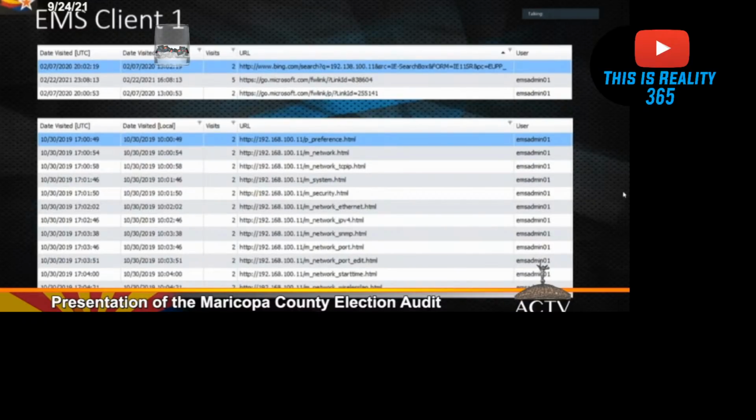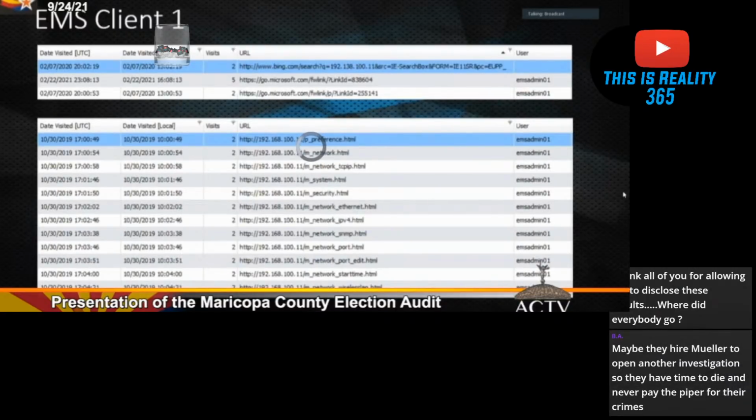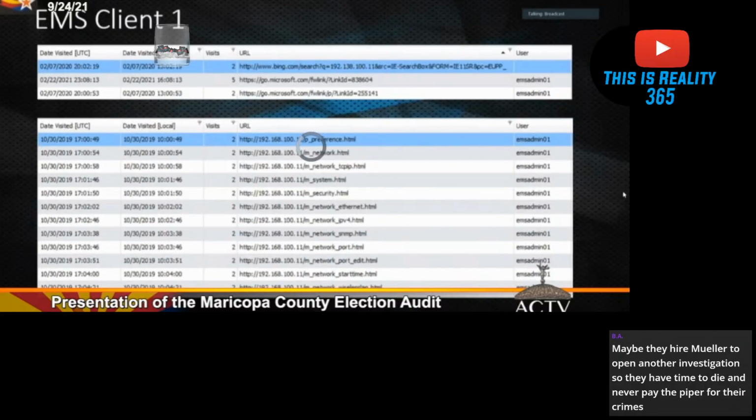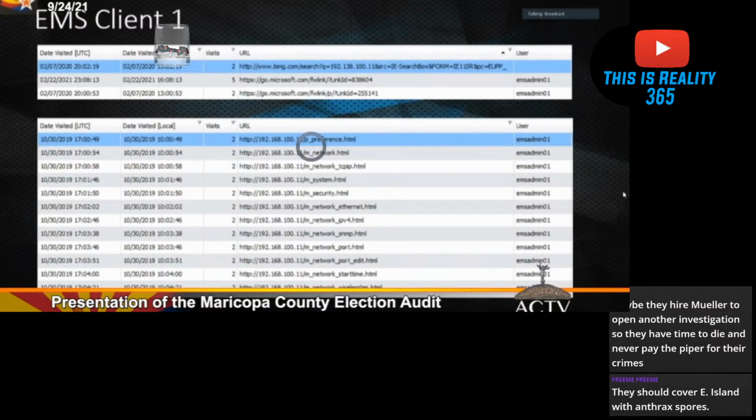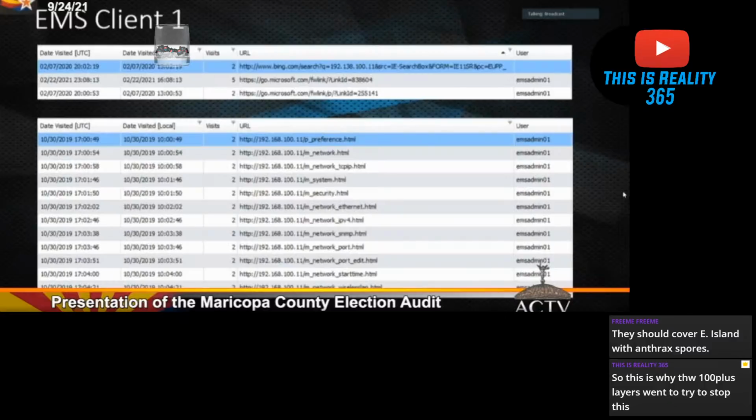And that IP of 192.168.100.11 is one of the, it's a private network that was on the 30th of October, 2019.